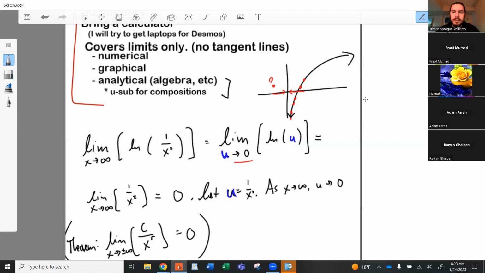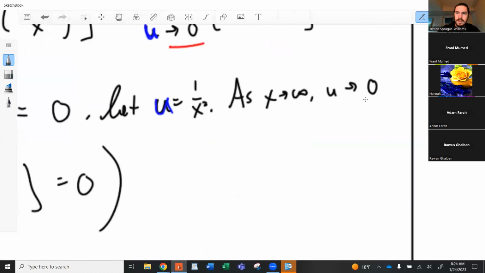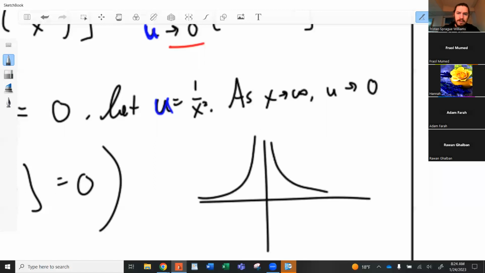So what we're missing here is this. Down here, when we were evaluating the limit of 1 over x squared, 1 over x squared looks sort of like this. Again, this is a graph you should just know. One of the purposes of pre-calc is to familiarize you with all of these common basic functions.